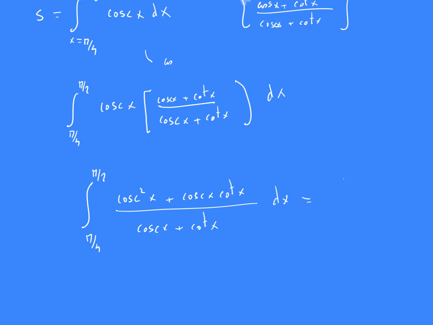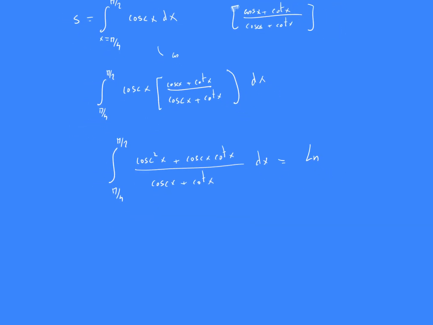And this is the natural log of cosecant x plus cotangent x, with a minus sign. Now you have to evaluate this between pi divided by 2 and pi divided by 4. So I leave you to do it, okay?